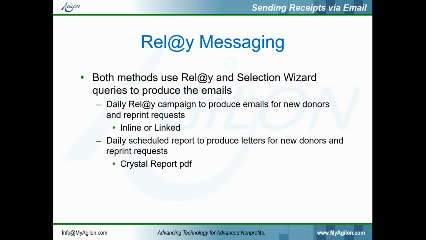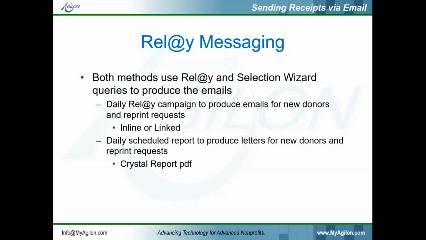And they both will potentially use daily schedules to produce letters for new donors and reprint requests. So basically you have two processes running at the same time. One that's going to produce receipts for people with email addresses and meet certain criteria, and another process that's going to run to send them letters.